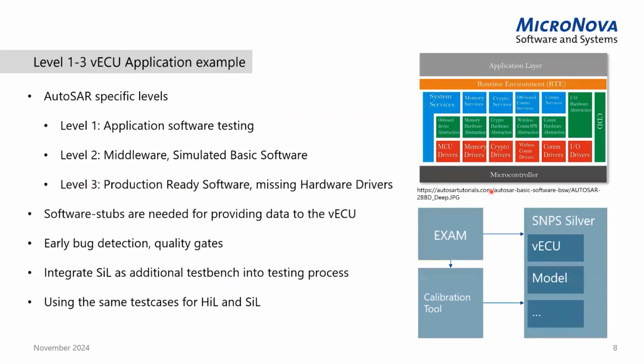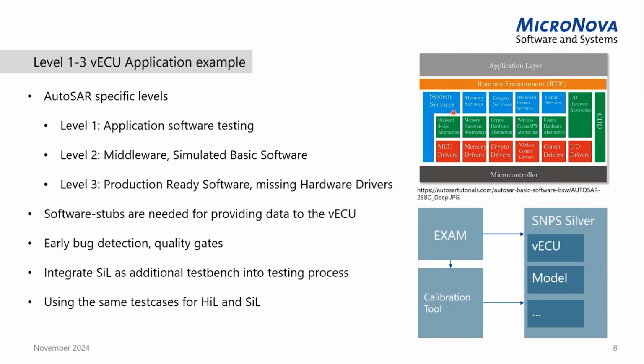Getting a little bit higher on the virtual ECU ladder, there are levels 1, 2, 3. Those are typically aligned to AUTOSAR Classic specific software. On level 1, we usually have only application layer software testing. On level 2, we include more and more of the middleware, and therefore also need a simulated basic software there.